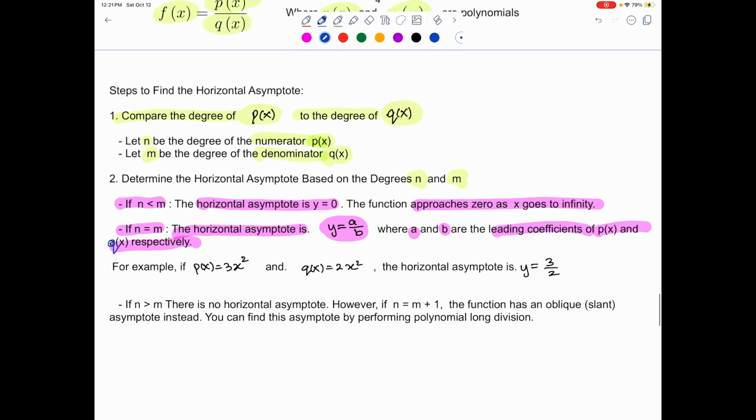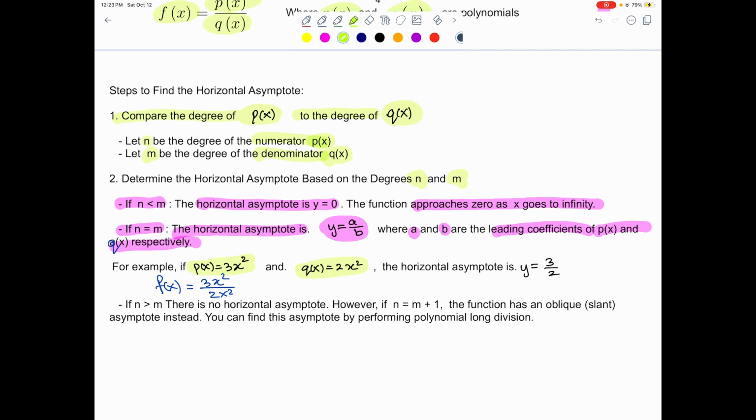For example, if p of x equals 3x squared and q of x is equal to 2x squared, in other words, our function looks like this: f of x equals 3x squared over 2x squared. Then the horizontal asymptote will be y equals 3 over 2, which is the coefficient of the numerator divided by the coefficient of the denominator.